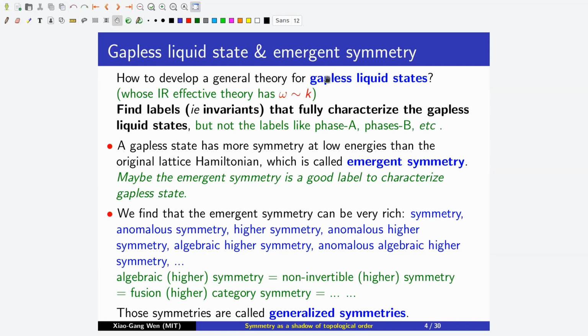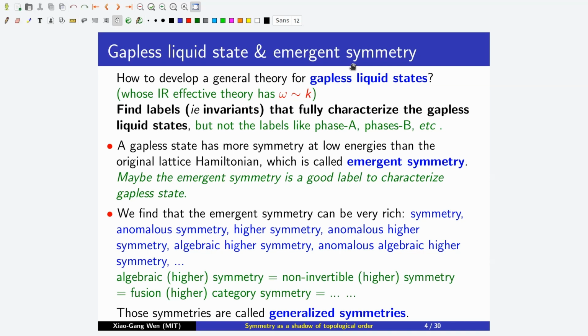Why do you develop such a complicated theory for symmetry? The main thing is that it is necessary because although in a mathematical system we usually only encounter zero form symmetry, at low energy we may have an emergent symmetry, and the emergent symmetry can be very general, and those emergent symmetries control low energy dynamics.